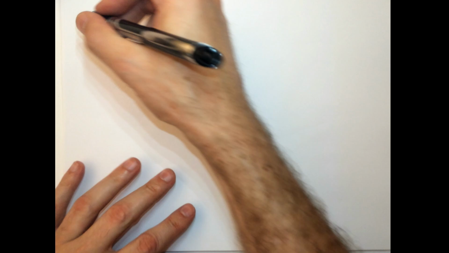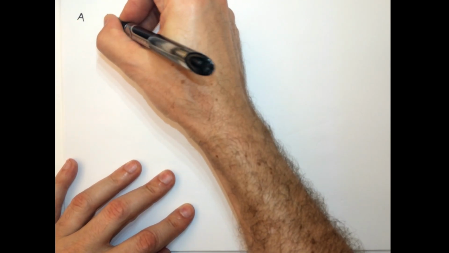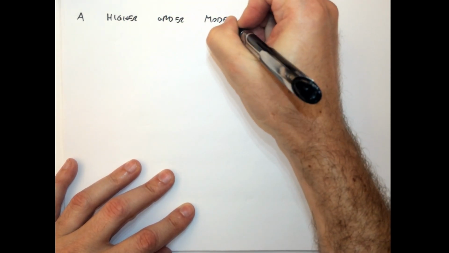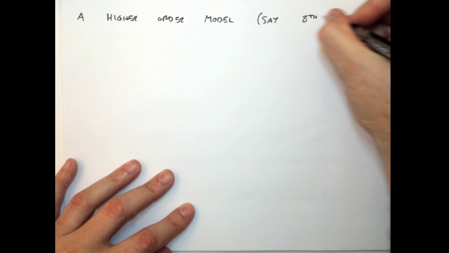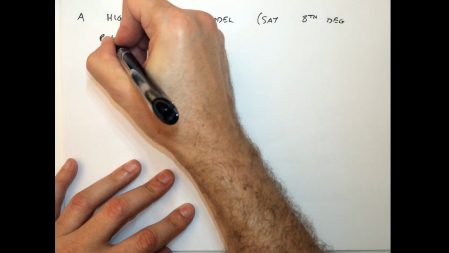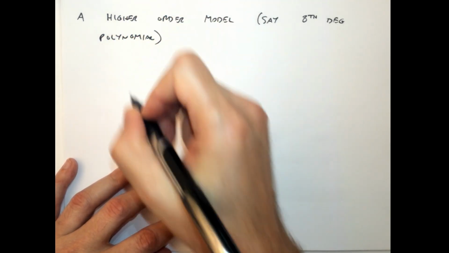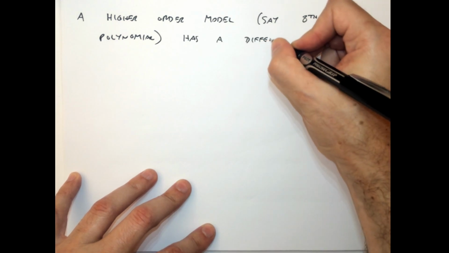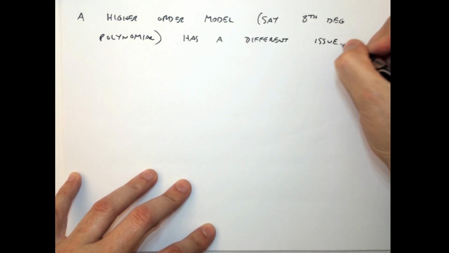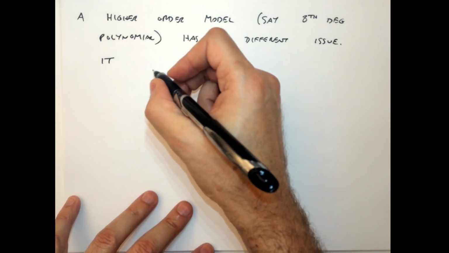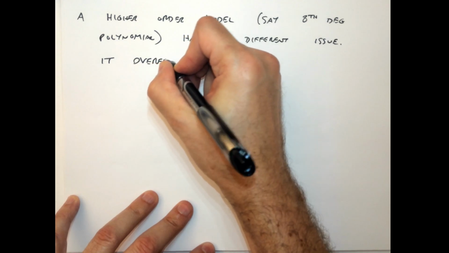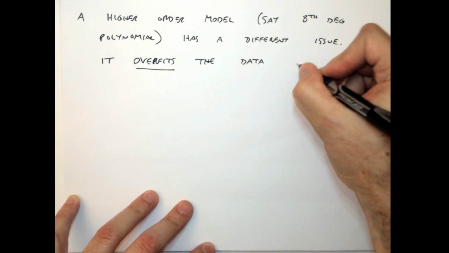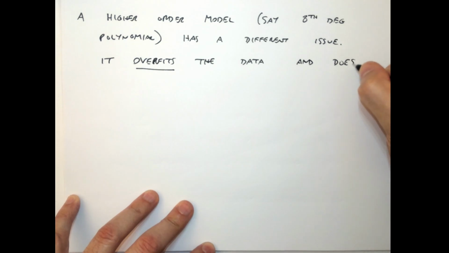A higher order model, say an 8th degree polynomial, has a different problem. One way of thinking about that is it overfits the data and doesn't generalize.